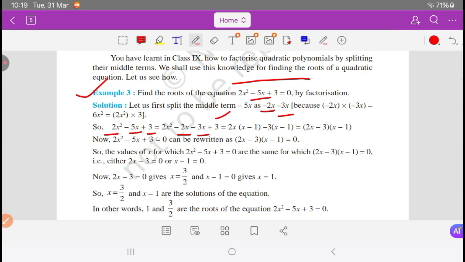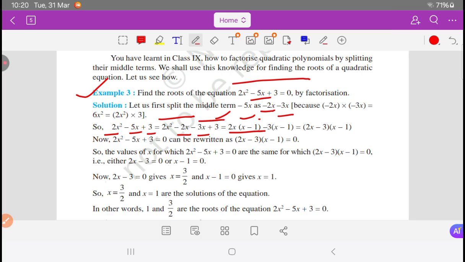So you take out 2x common from these two terms. What is left from 2x square is x, and from minus 2x what is left is 1. So you write 2x bracket open x minus 1 bracket close.